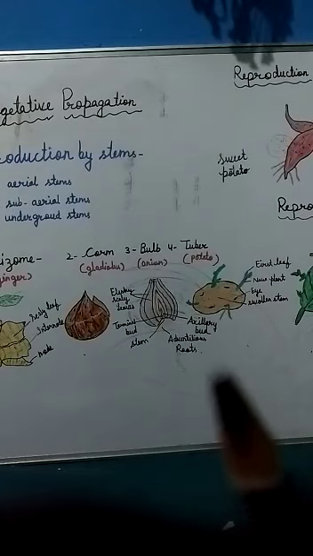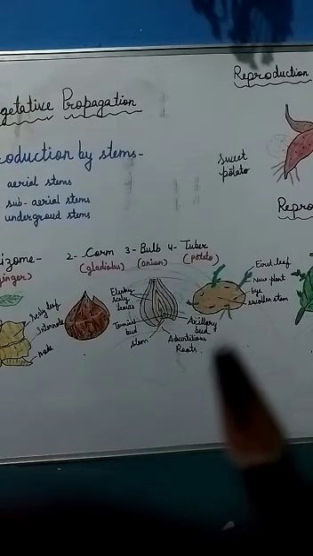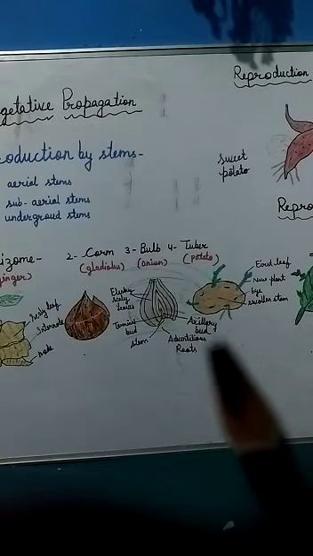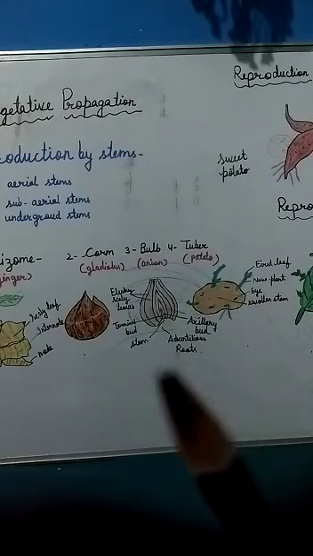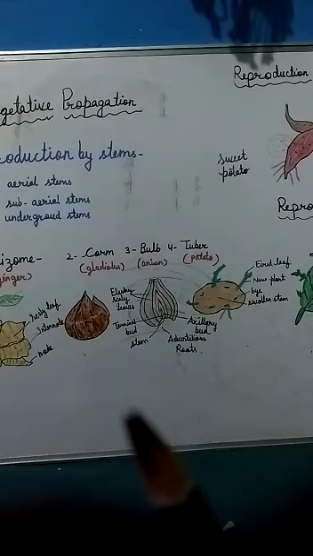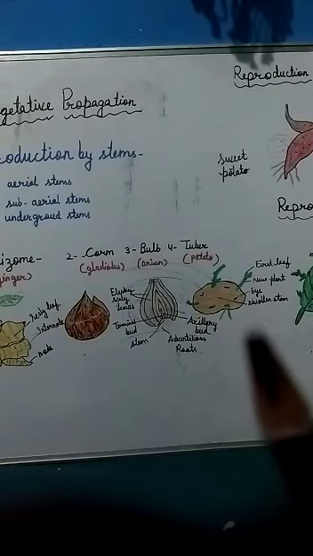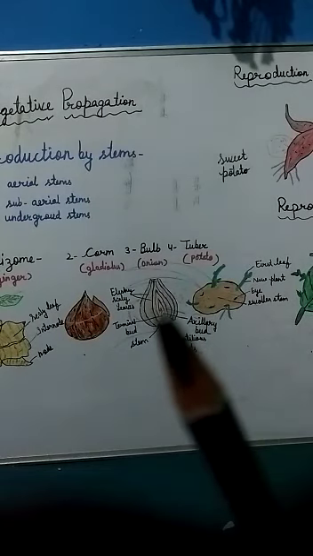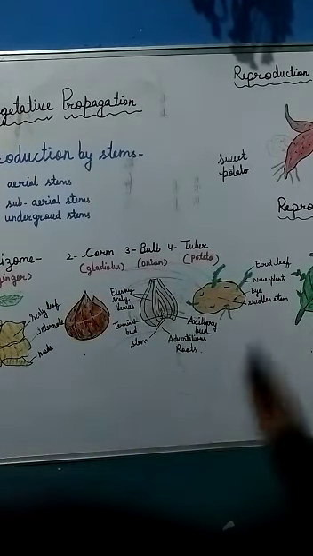Each eye possesses a semilunar leaf scar. Here you can see these scar-like marks, and an axillary bud in its axil. The scars represent the position of the scale leaves, and the eyes help in vegetative propagation, with new plants growing from these eyes. So potato is an example of the tuber.